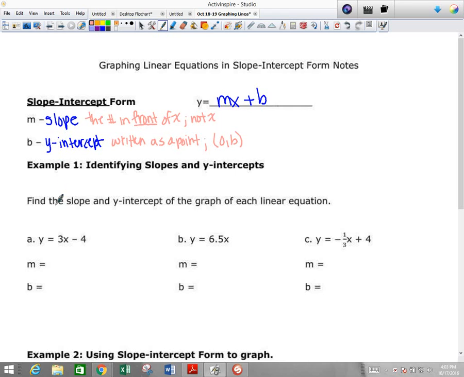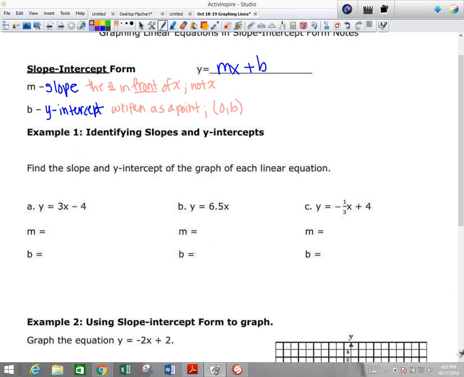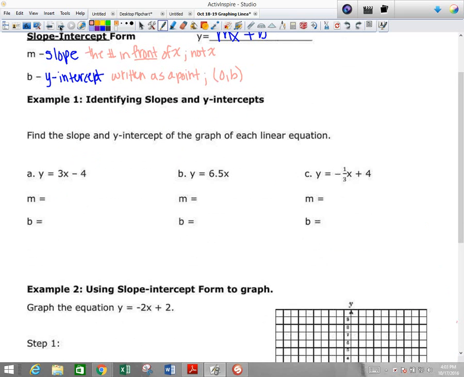So we got some examples here. We can find the slope and the y-intercept just by looking at the formula in slope-intercept form, and lining up what is the slope and what's the y-intercept. So let's look at a few examples. In problem A, we have y is equal to 3x minus 4.